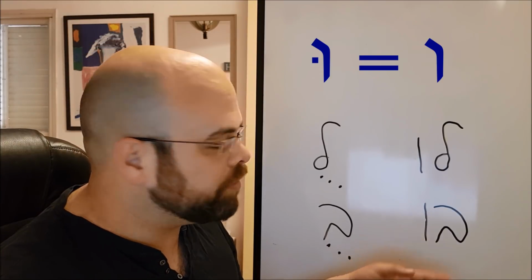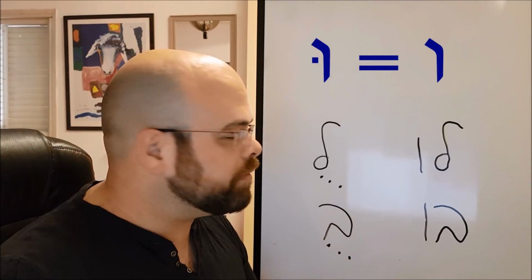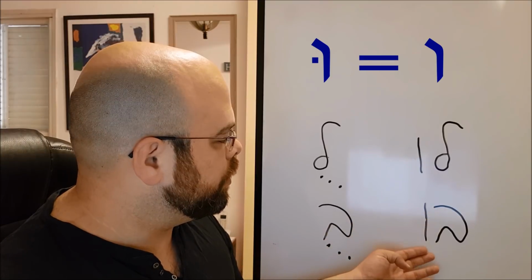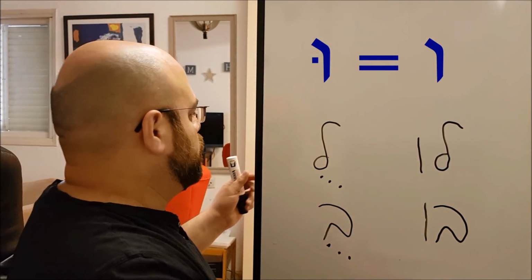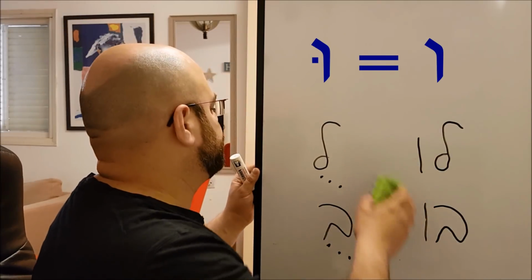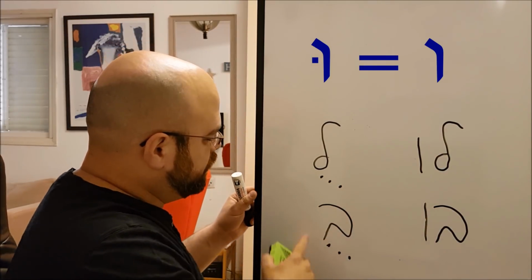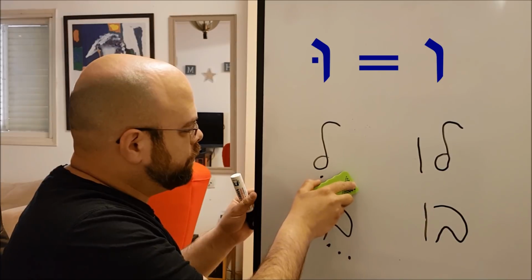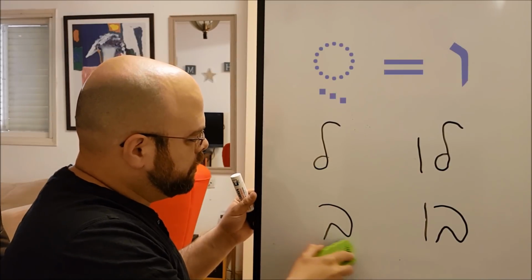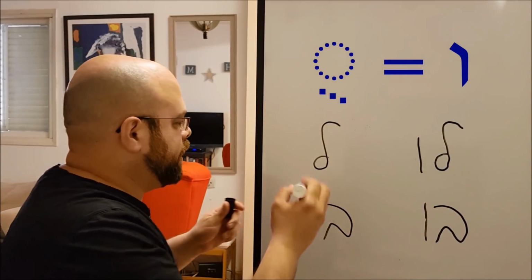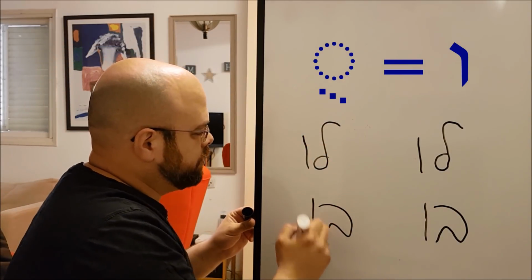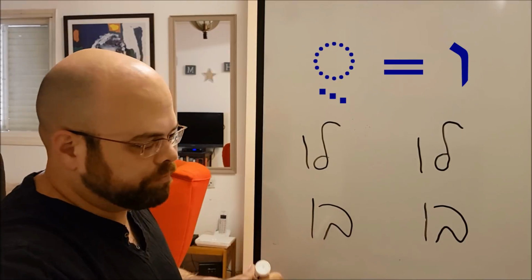Okay, because after learning the words and knowing the way they are written, you will be able to know the vowel here. Now, if we want to write this without Nikud, we would just have to add a vav. Okay, so Lu and Bu.